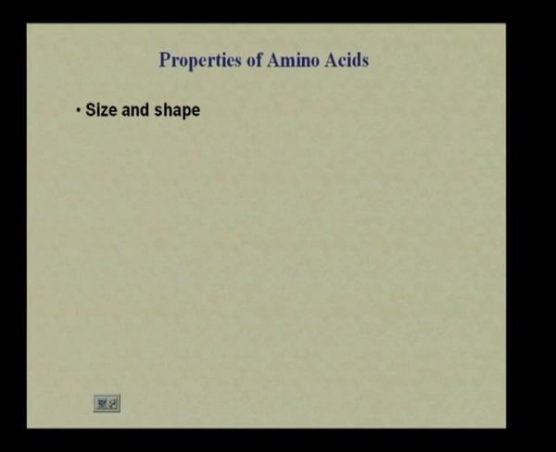Then it is only the size and the shape of the R group that differs. What else? The charge. We just saw in the previous slide how we have the groupings. So, we can have positive amino acids. What are the positive amino acids? Lysine and arginine. What are the negative amino acids? Aspartic acid and glutamic acid.